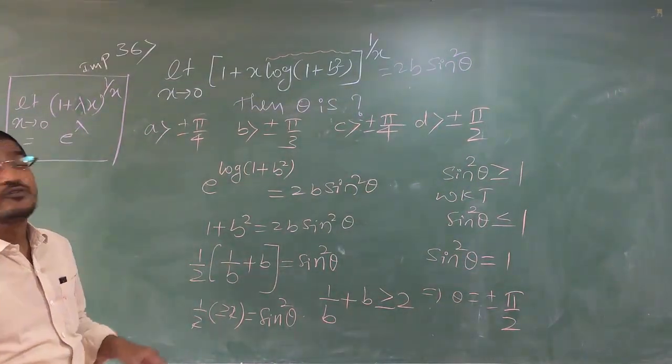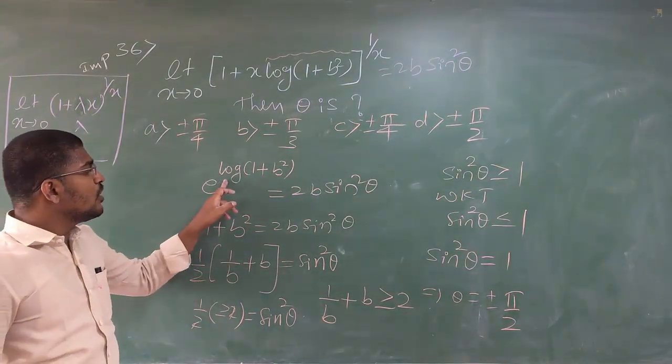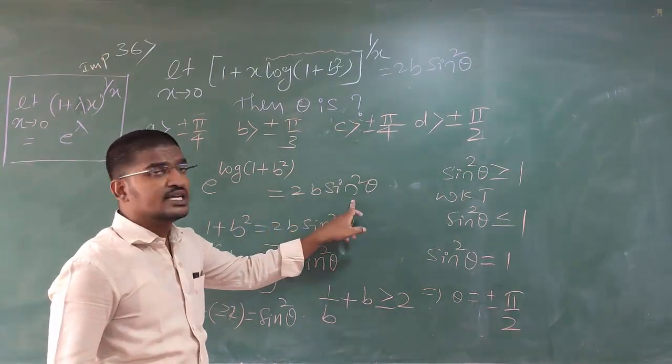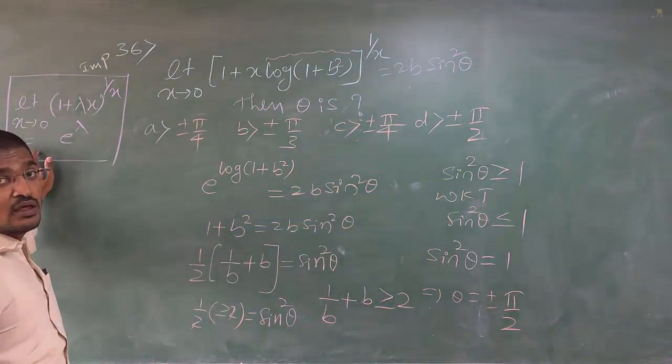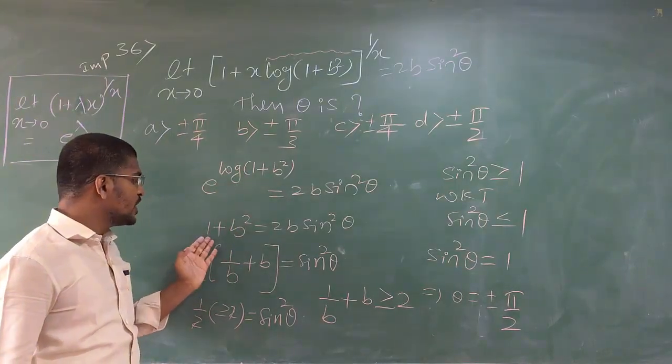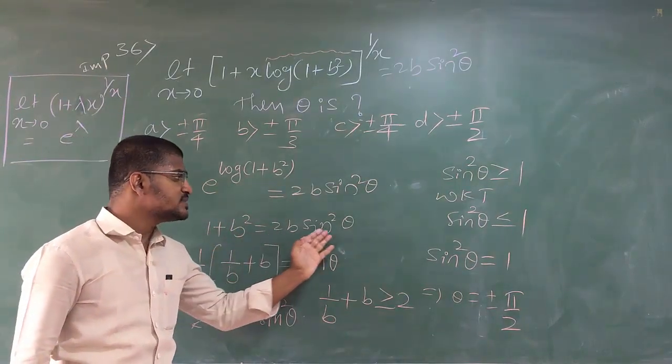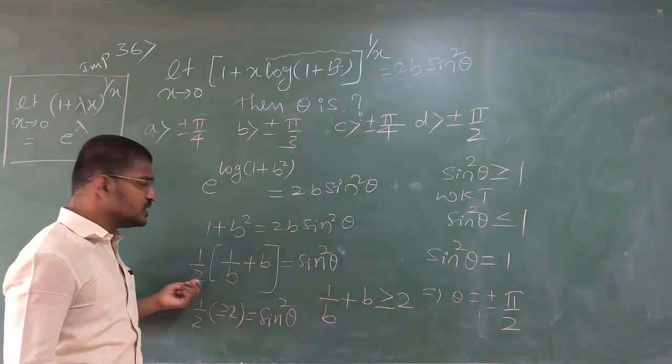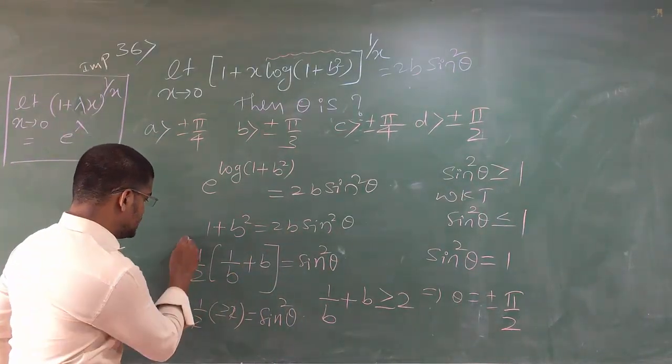Listen once again carefully. That is e log of 1 plus b square equal to 2b sin square theta, by using this formula. By applying exponential and logarithmic properties, you are going to get 1 plus b square equal to 2b sin square theta. Take 2b on this side, you will get this term.